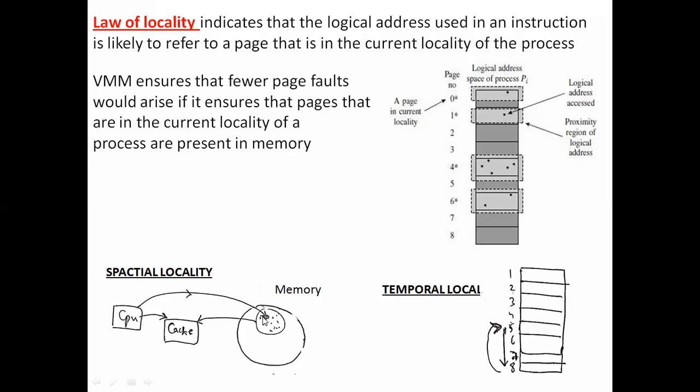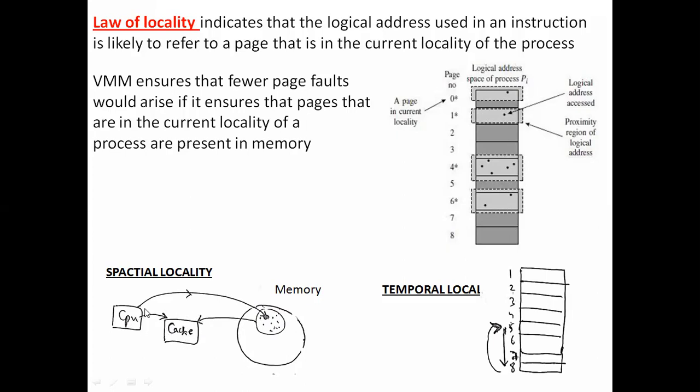To reduce the access time and increase the speed, the accessed instruction or address, along with the neighboring addresses, can be stored in the faster memory, the cache. The next time the CPU wants an instruction, it can take it from the cache itself.